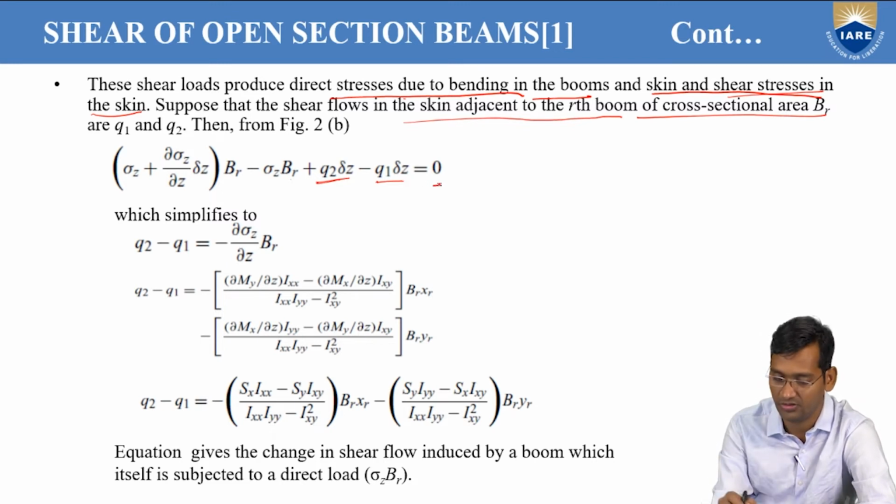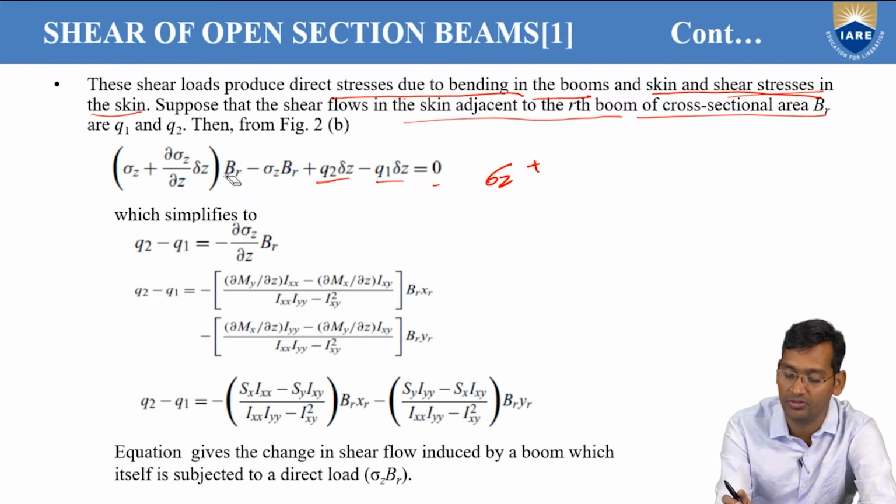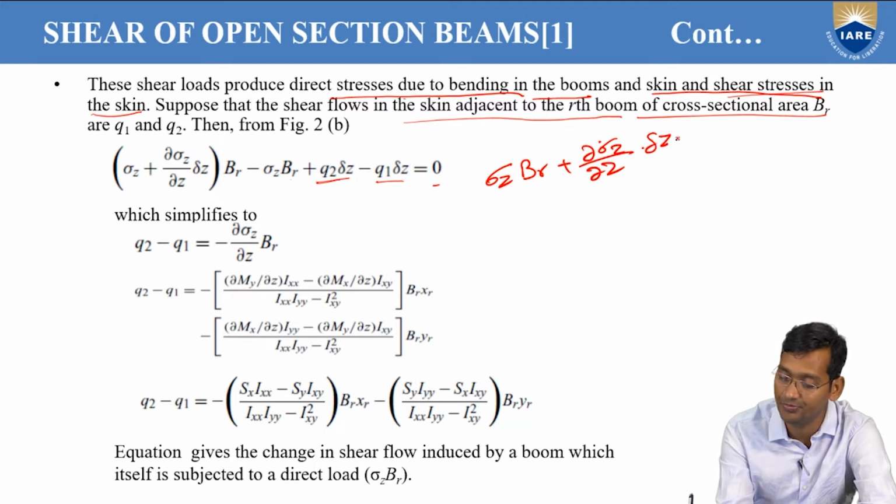Now expand and simplify this. Opening this bracket: sigma z BR plus del sigma z by del z into del z into BR, minus sigma z BR plus Q2 del z minus Q1 del z equals 0.